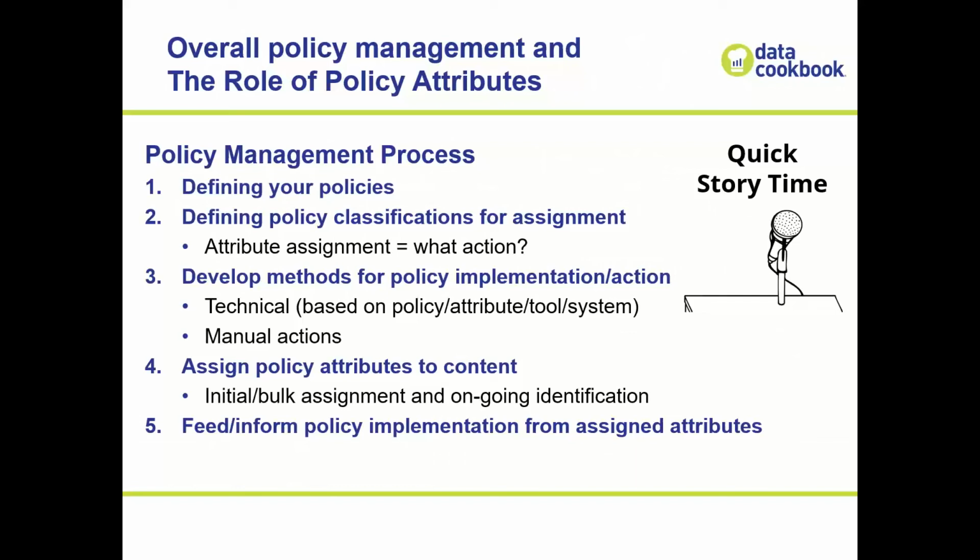So to inform the person who needs to go encrypt that database that someone's added a new code, or to inform someone who's building a report that uses that field that they shouldn't use it in this particular way. The tagging of these policy attributes on the objects is what will inform the implementation of the policy. The point of this story is that you really can't implement a policy without having this concept, in a general or specific way, of policy attributes, to know what you're applying it to, and what things have that policy attribute and what things don't.